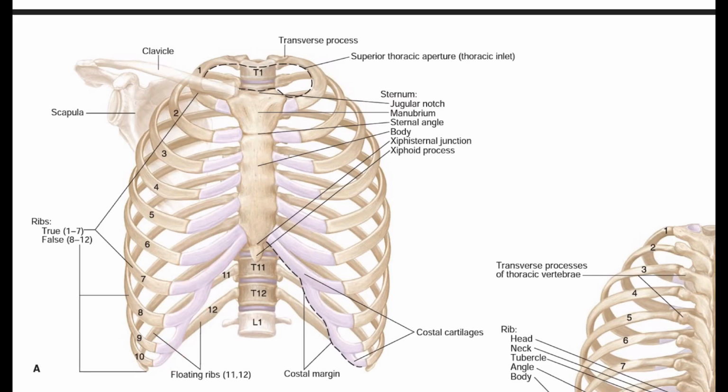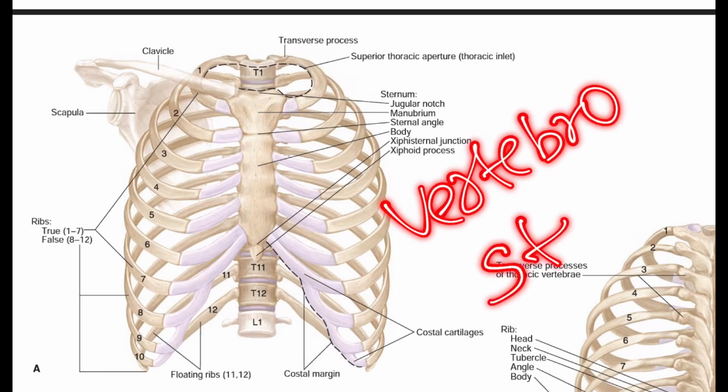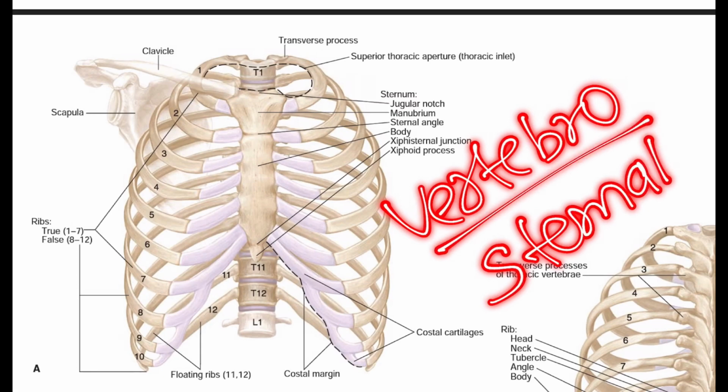According to the articulation, the ribs are classified into vertebrosternal ribs, vertebrochondral ribs, and vertebral ribs. The word itself has the meaning. Vertebrosternal ribs are connected with the vertebral bone and the sternum.